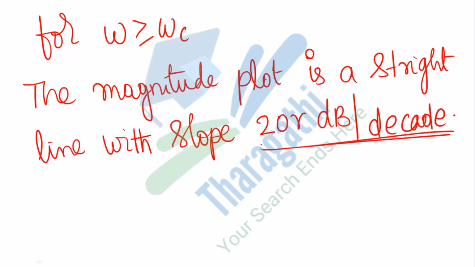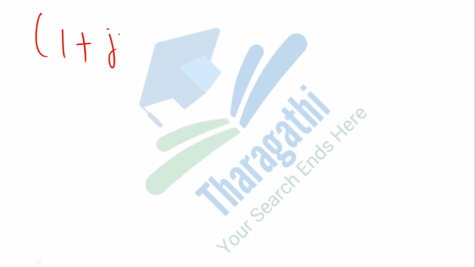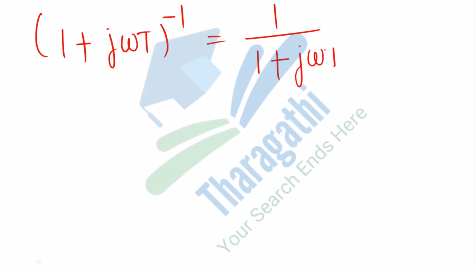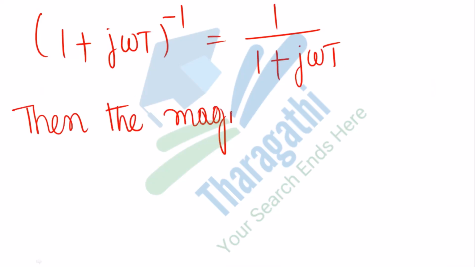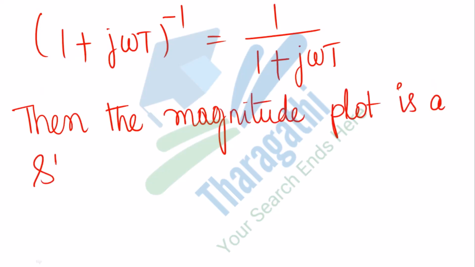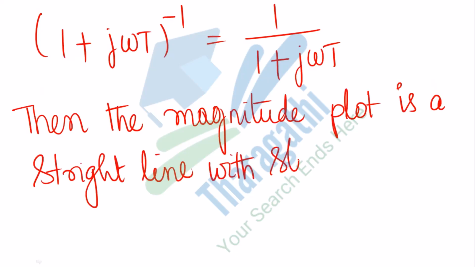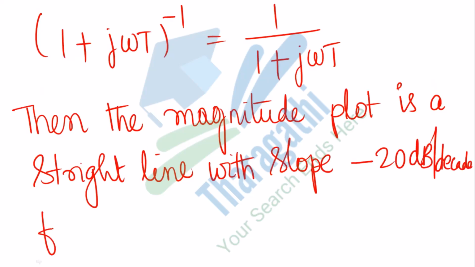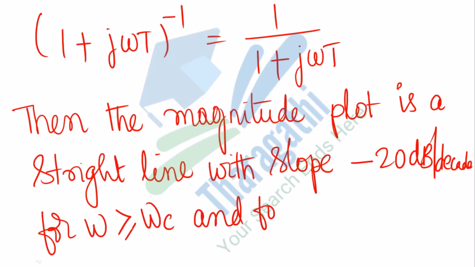If r is equal to minus 1, then the factor is 1 plus j omega T whole power minus 1, which is equal to 1 by 1 plus j omega T. Then the magnitude plot is a straight line with slope minus 20 dB per decade for omega greater than or equal to omega c, and for omega less than omega c, it is 0 dB.